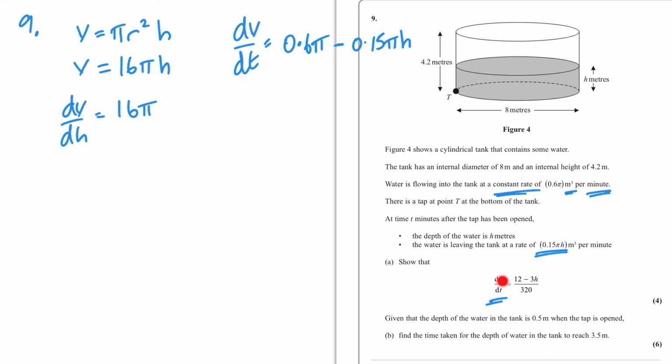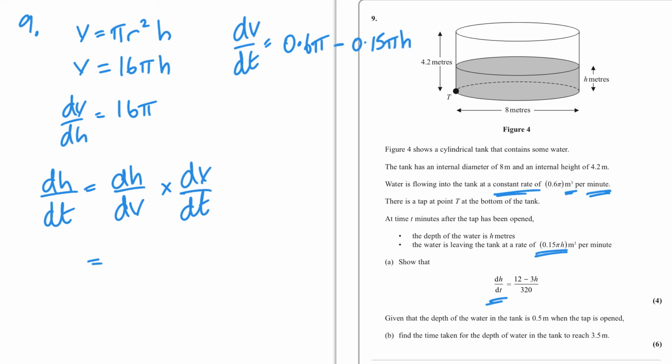Now, to make my dh by dt, I can combine these two. So we want dh by dt, so we want h on the top. So dh by dV times dV by dt. And that works because the dV's would cancel, leaving me dh by dt.